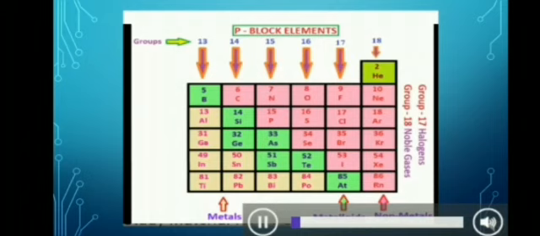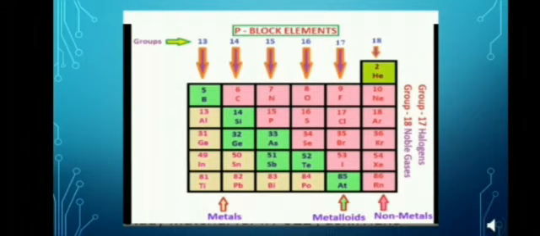As I said, p block elements are placed in group 13 to 18 of the periodic table. Their valence shell electronic configuration is ns2 np1-6, except helium, which has 1s2 configuration. The p block elements contain all the three traditional types of elements.